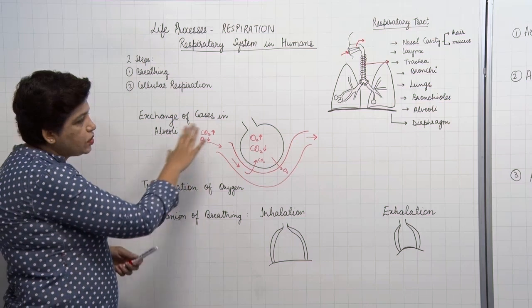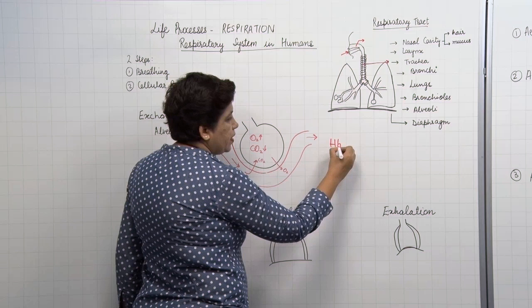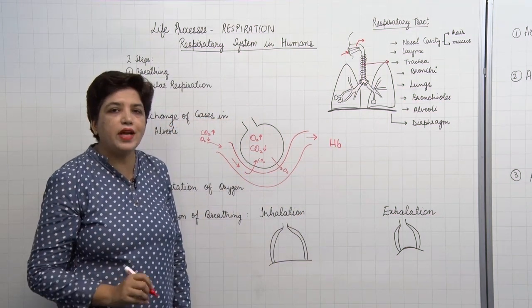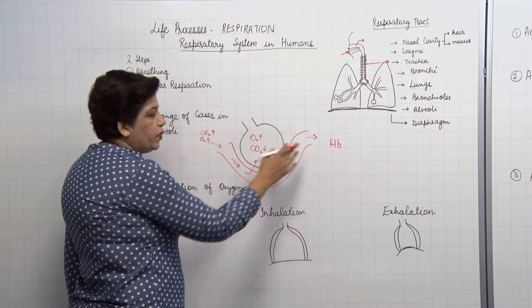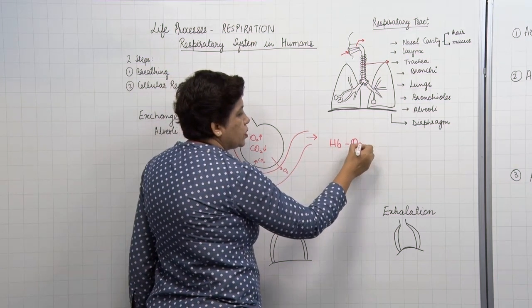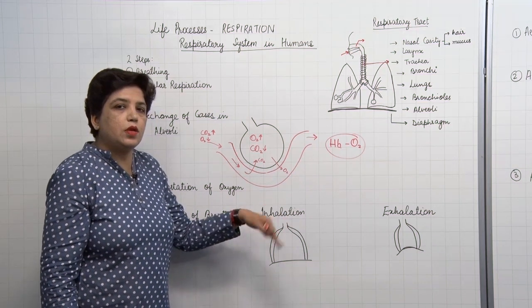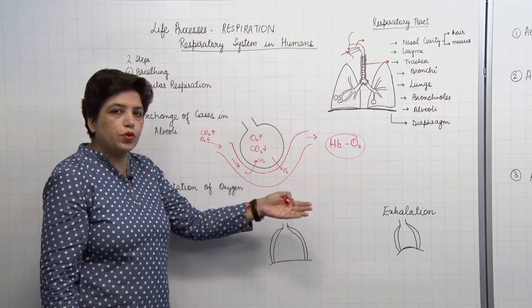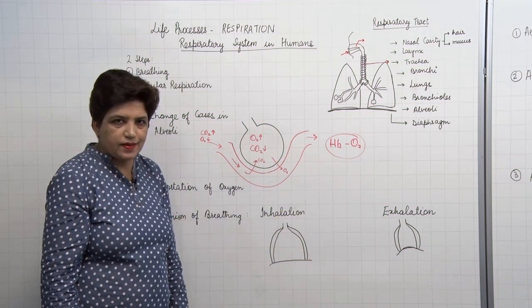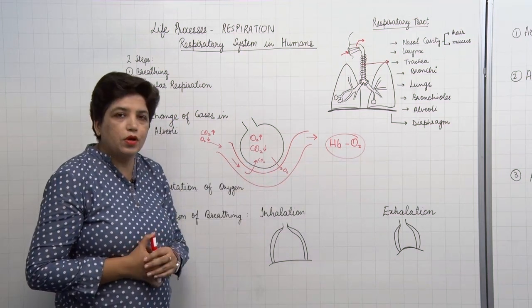In our blood there is a red-colored pigment called hemoglobin present in the RBCs, or red blood corpuscles. This hemoglobin has an affinity for oxygen. The hemoglobin combines with oxygen to form a complex known as oxyhemoglobin. This oxyhemoglobin is transported from the blood to each cell, and oxygen is supplied to the cells. We need a mineral called iron to make this hemoglobin.